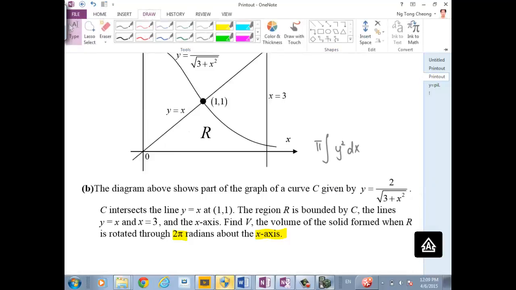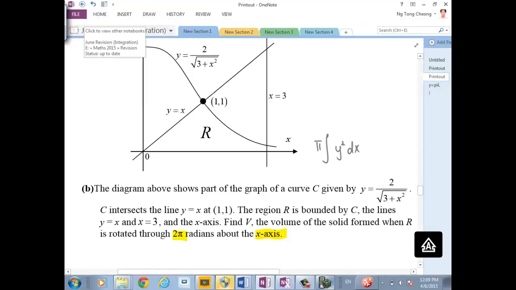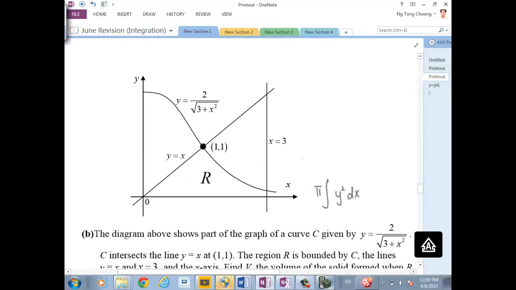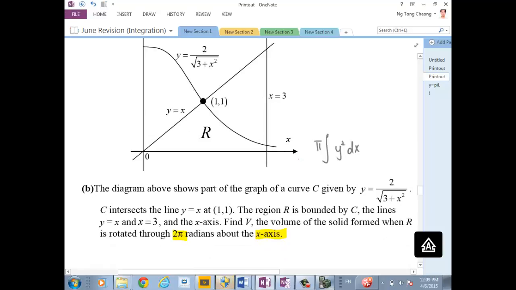Once I'm done with that, now I'm going to solve this. My R obviously involves two curves. One is y equals x, and the other one is y equals 2 over square root of 3 plus x squared. The first thing that I will normally do is find the intersection between the two curves. Then because I'm rotating about the x-axis, I will draw one line down from the intersection to my x-axis, because most of the time it will very nicely split up the region for me.